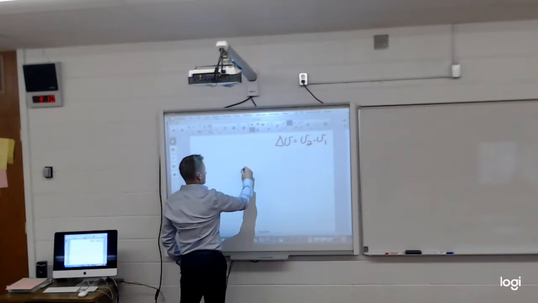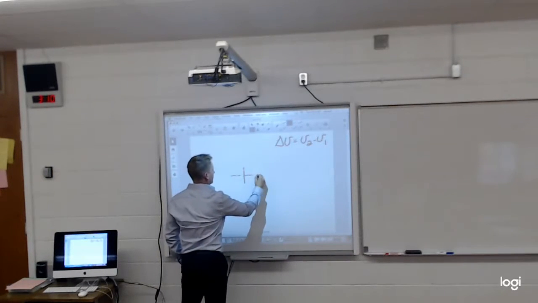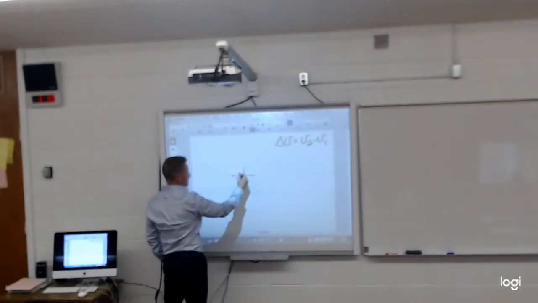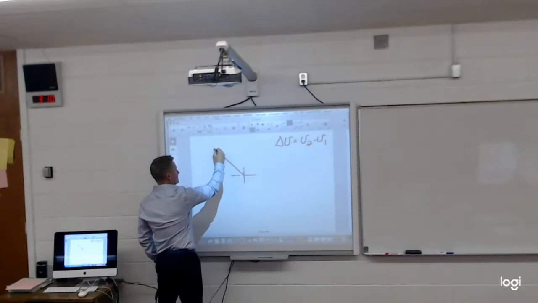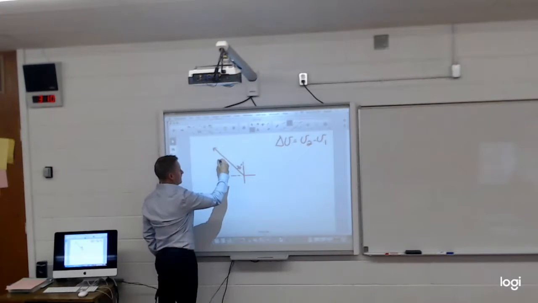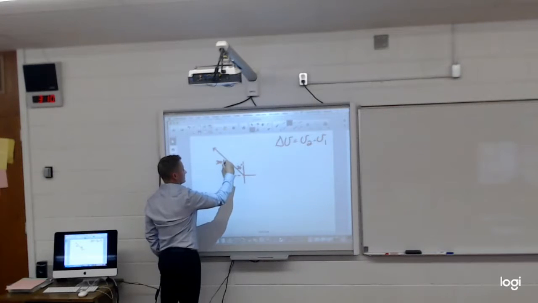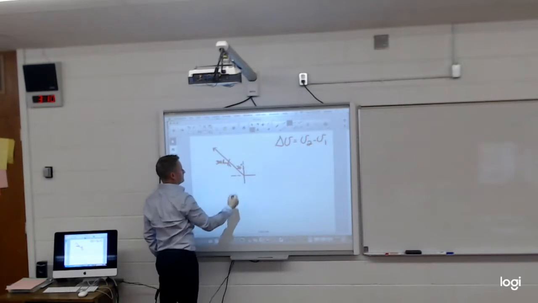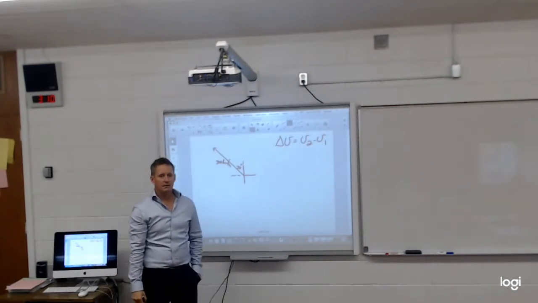So I would start like this, put my little grid down, north, up, 30 degrees to the west. That's 30 degrees right here. And this is 300 kilometers per hour. There's my V2 vector.